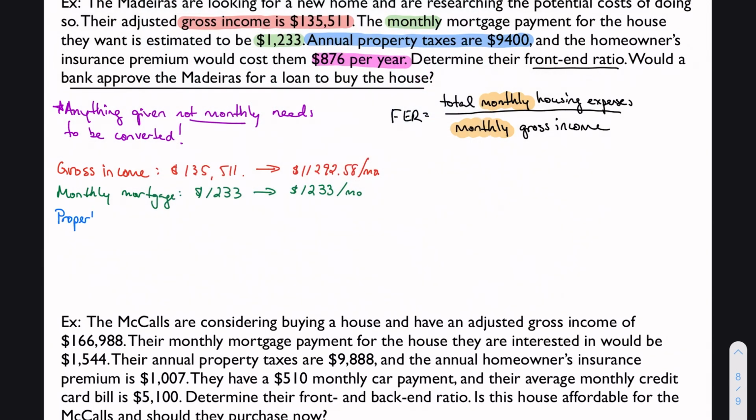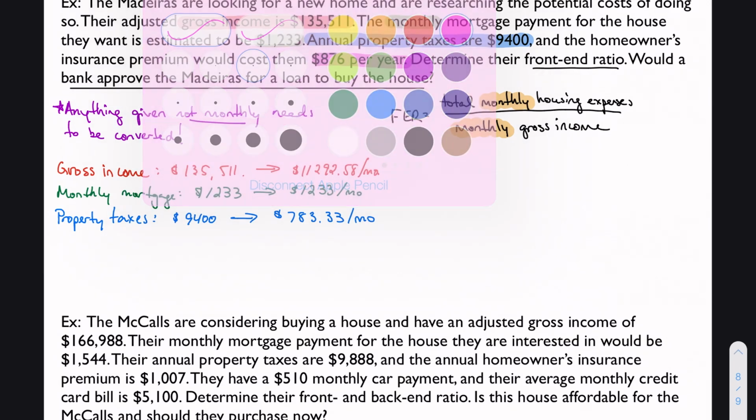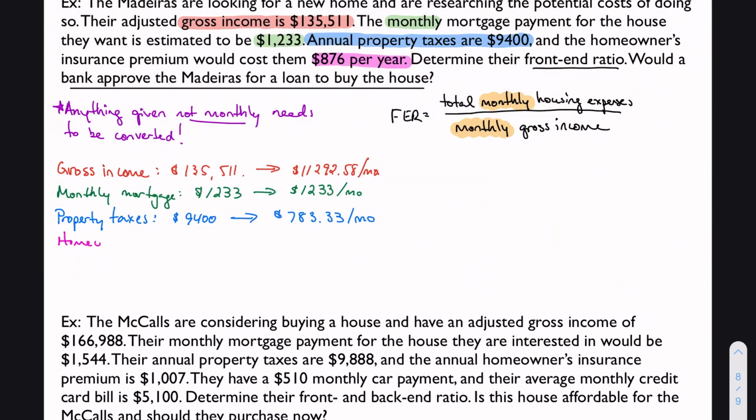I have property taxes. Those are annual, so $9,400 a year is $783.33 a month. And my homeowners insurance is also annual.